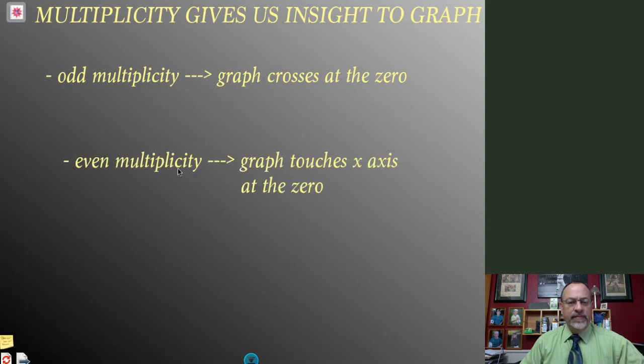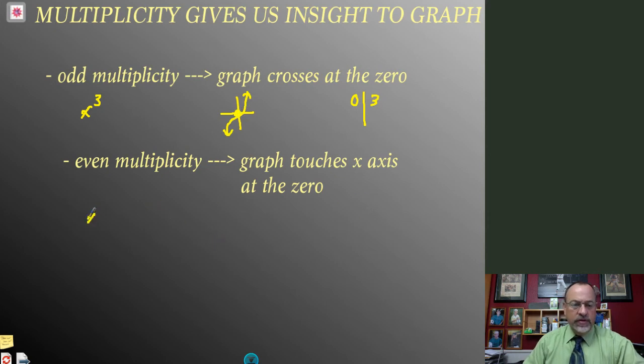If it's even multiplicity, the graph will only touch the x-axis at that zero. Let me do a quick example and show you. If you take x cubed, what's the zero? 0. And what's its multiplicity? 3. So that means it's going to cross at 0. So here's 0, and we know that a cubic function looks like this. It does cross at the zero.